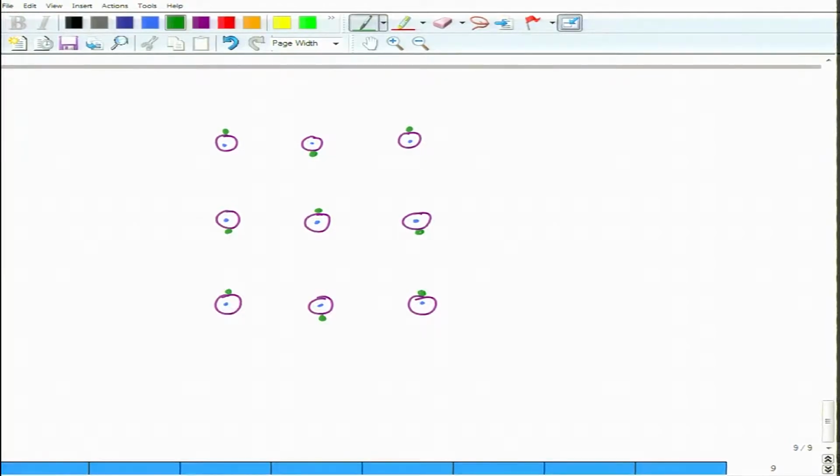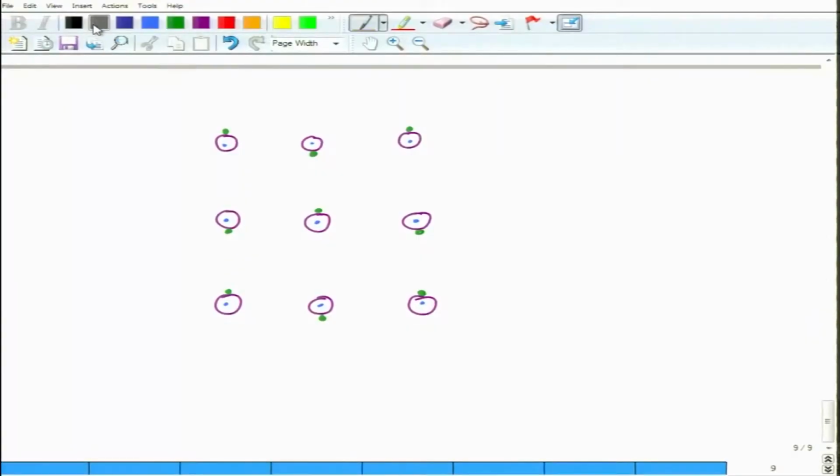So, which is the repeatable unit cell now? Is this the repeatable unit cell? Yes, this is not, right. What about this?